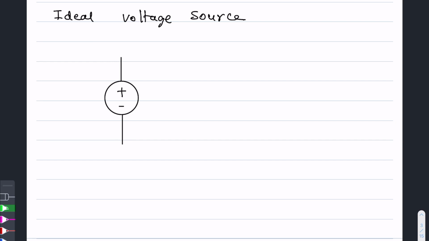So when you see this plus and minus sign, a symbol that shows a voltage source, often shown with a letter V. Okay, so an ideal voltage source is one that provides a constant voltage across the terminals.